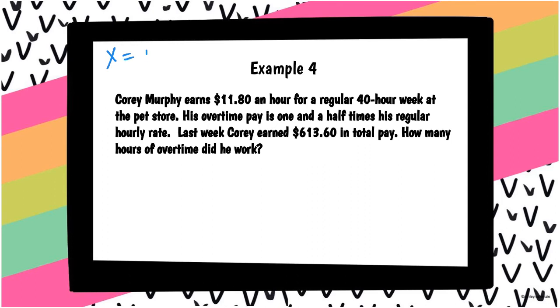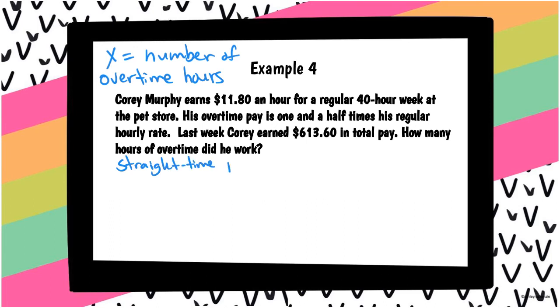Let X equal the number of overtime hours, and we're going to make our equation. Think of it this way: straight time pay plus overtime pay equals total pay. That's our general equation.